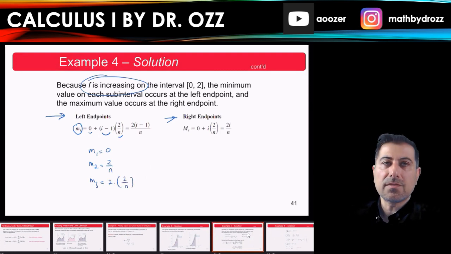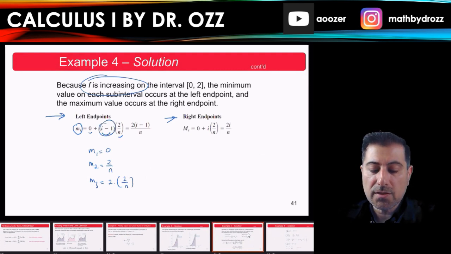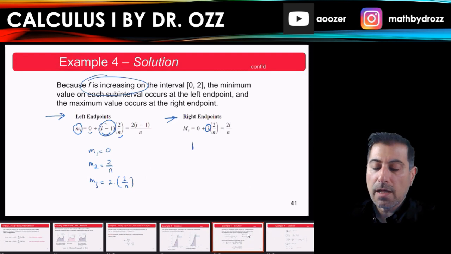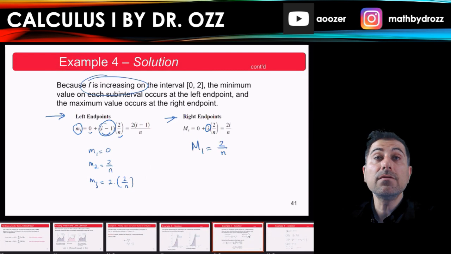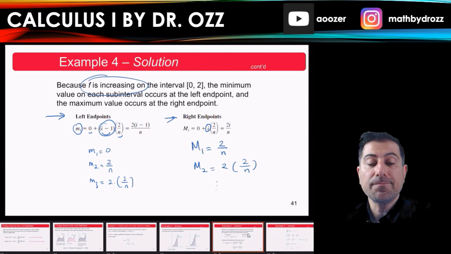So as you see, this goes on and on. And if you go with the right endpoints, you change this i minus 1 to i here, and when i starts from 1, m1 is going to be just 1 times 2 over n, which is 2 over n, okay? And then m2 is going to be 2 times 2 over n, and on and on and on, okay?